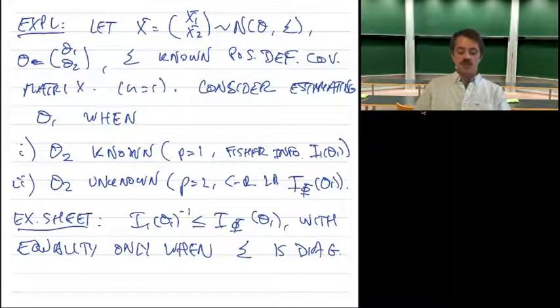It's more like the inverse of the information. And so what this is really saying is that you will have more information when theta 2 is known. So you should think about it, and you should also think about the equality, why it only holds when you have a diagonal Sigma or when the observations are independent.